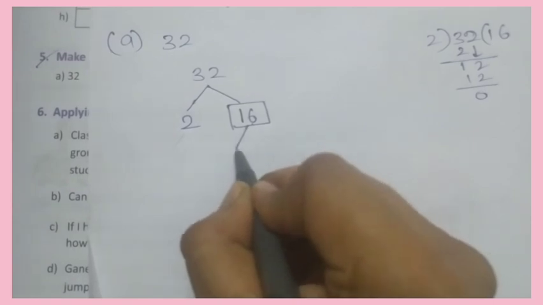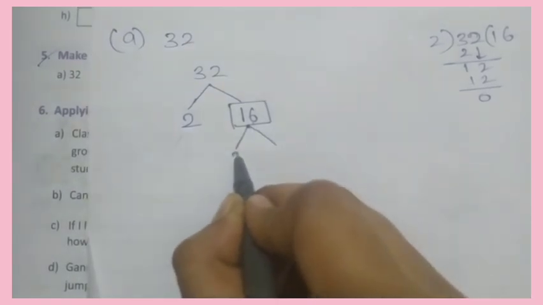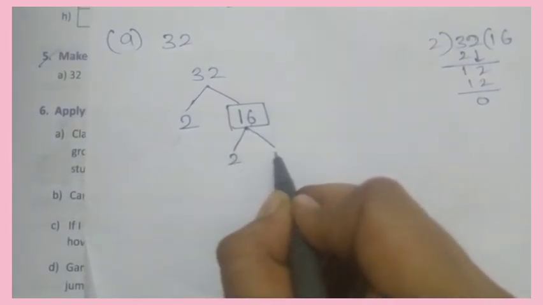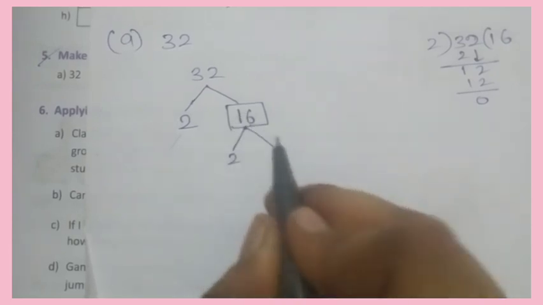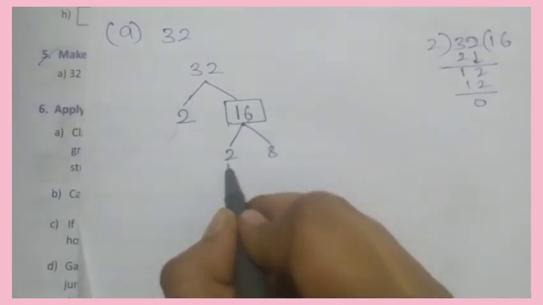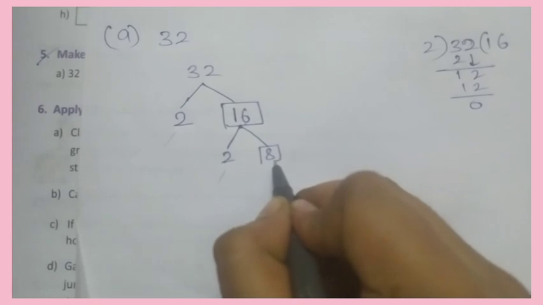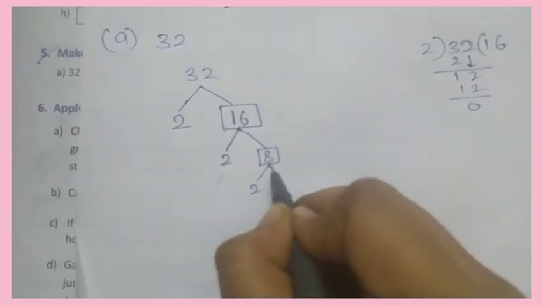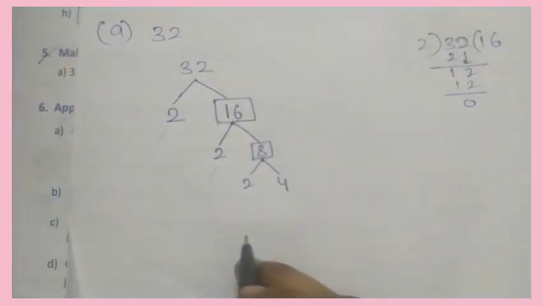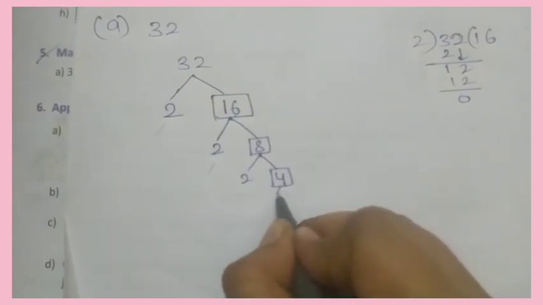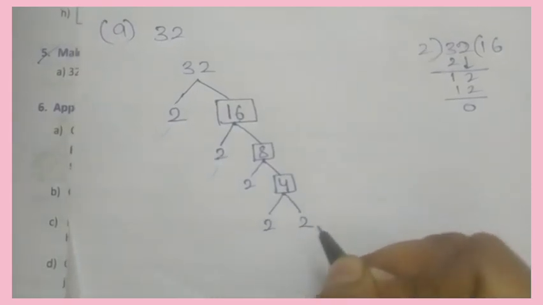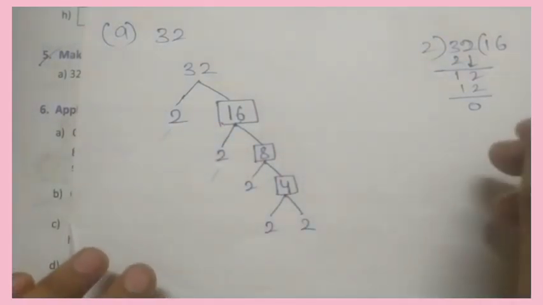In 2 table we will get 16, so we can split it again. 2 8s are 16. We cannot do this again, but we can do this. 2 4s are 8. Again 2 2s are 4. This is a factor tree of the 32.